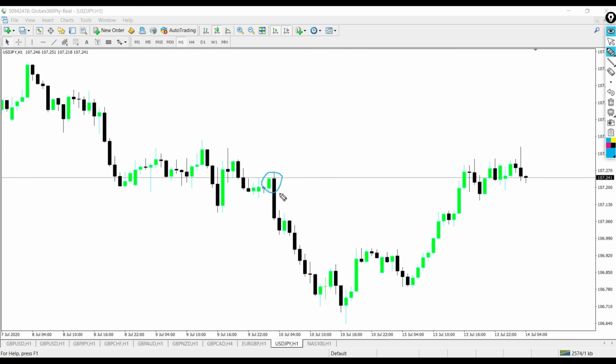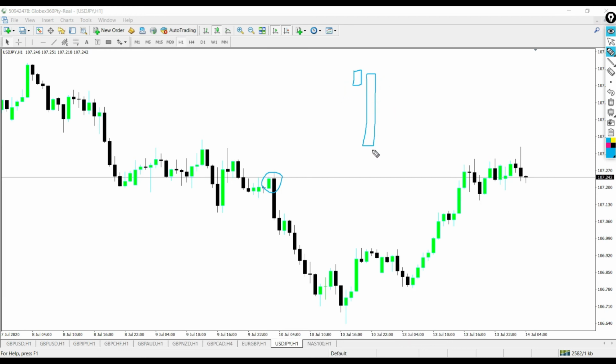Now, this one is almost the same as the inside bar, but the difference is the big candle this time around is on the right hand side, and the small candle is always on the left hand side. So the mother this time around is no longer on the left hand side, but the mother is always now on the right hand side.